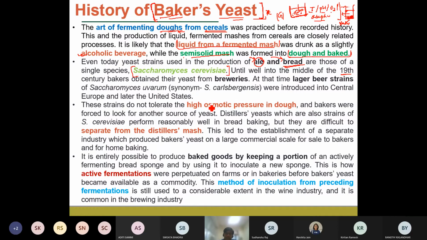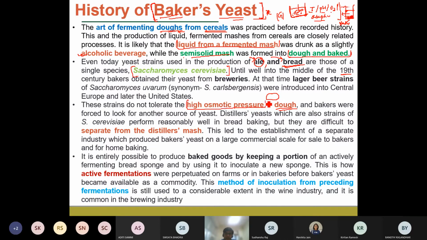Let us look into the disadvantages of having a single microorganism for the production of both the alcoholic beverages as well as the breads. The dough that we have in the bread making process is some sort of paste-like material, and if you would like to grow microorganisms within such a semi-solid or pasty material, it has a high osmotic pressure.